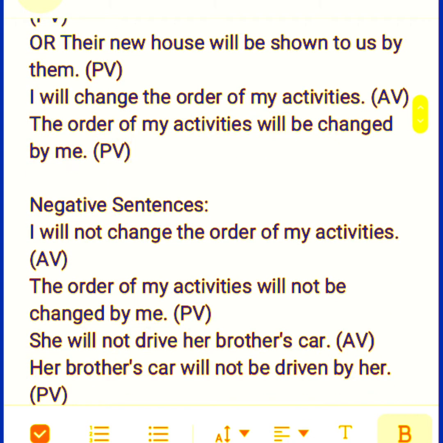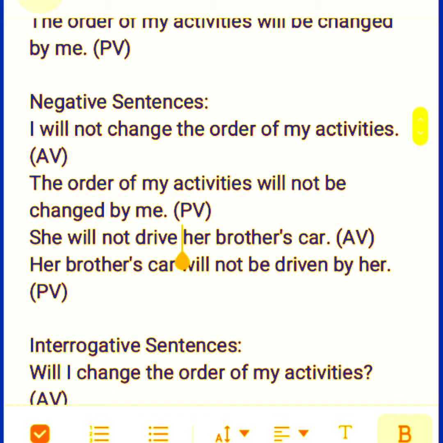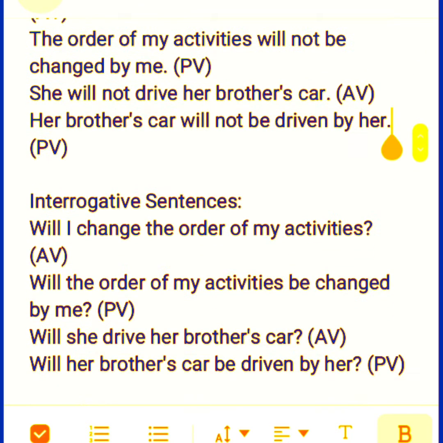Then negative sentences. I will not change the order of my activities. This is active voice. The order of my activities will not be changed by me. She will not drive her brother's car. Her brother's car will not be driven by her. This is passive voice. Interrogative sentences. Will I change the order of my activities?